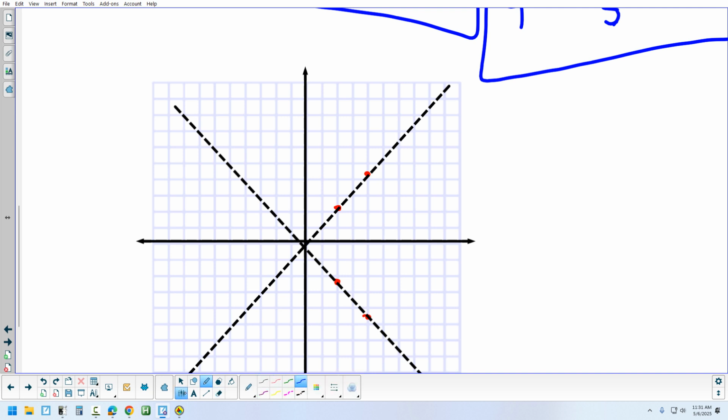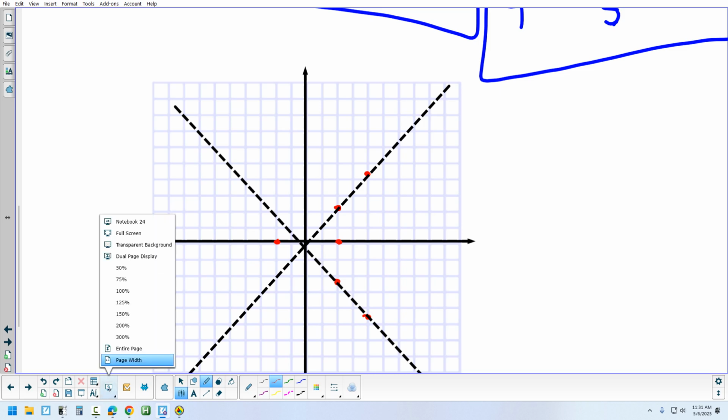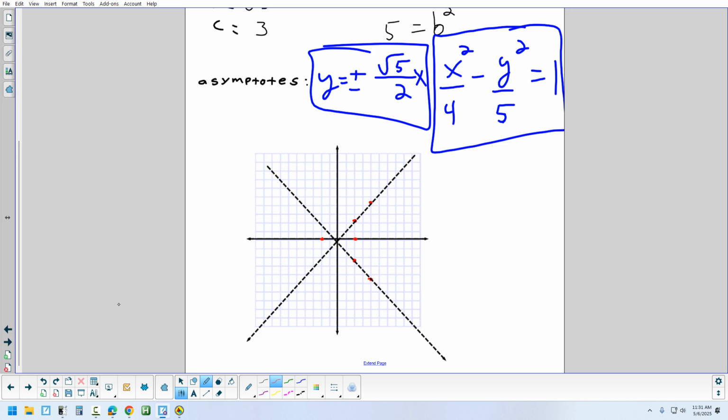Don't plot the foci. So negative 2, 0, positive 2, 0. And really you don't even need another point. If you put in your asymptotes, you can get a pretty good sketch with just that.